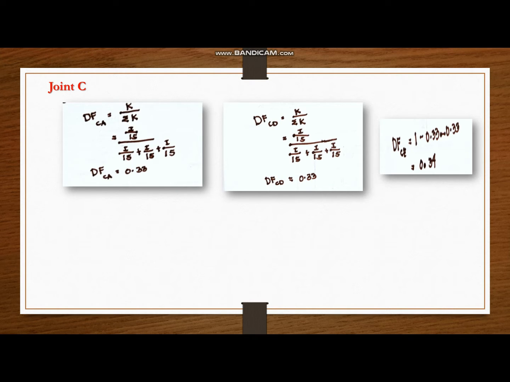So I over 15, which is inertia over length, over the three members, so we add three terms for the summation of stiffness: I over 15 plus I over 15 plus I over 15.